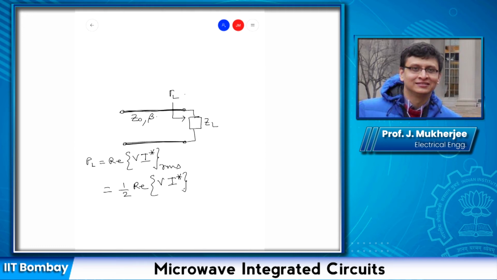Okay, and then suppose at a certain length the amplitude of the wave traveling in the positive x direction is v plus x, and the amplitude of the wave traveling in the negative x direction is v minus x.